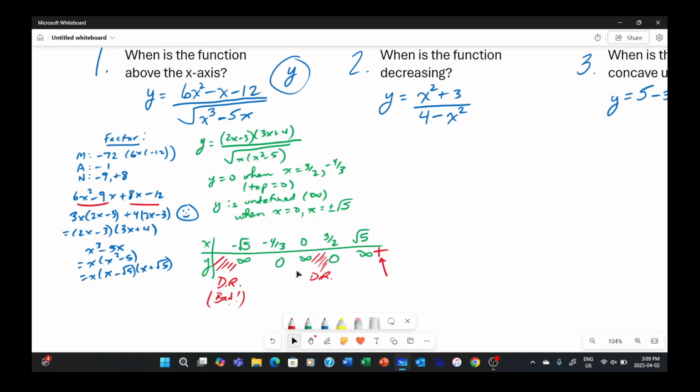Let's put in a tiny number, just a little bit less than 0, and see what happens. So you put in a tiny number less than 0. That one there will be tiny minus 3, which is negative. Tiny plus 4, which is positive. So the top is still negative. On the bottom, if you put a tiny negative in here and a tiny negative in here, so this one's a bit tricky.